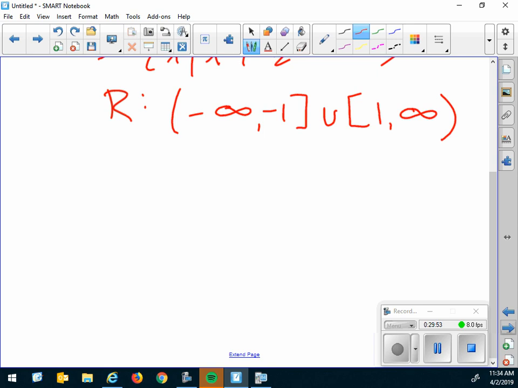Everything from negative infinity up to -1, but it includes -1. And then we leave everything out until we get back to 1. And then everything above that. You okay? All right.